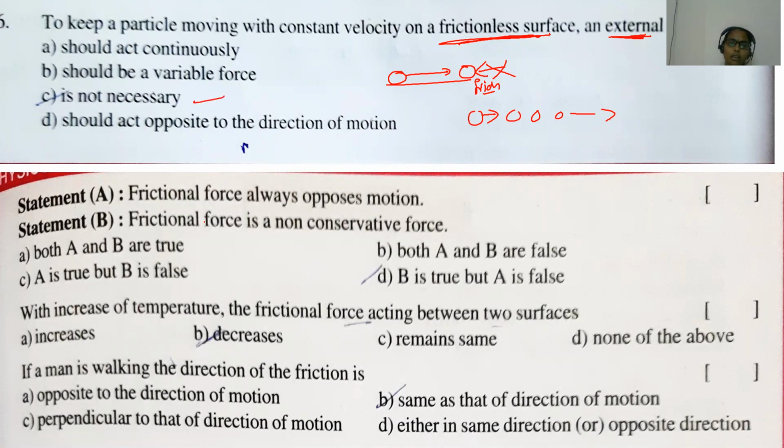Next, frictional force always opposes the motion. See children, this statement is wrong, right? Because as I told, the word is missing here: relative. If they give relative, then the statement is true. If it only says opposes motion, it will sometimes support the motion also.